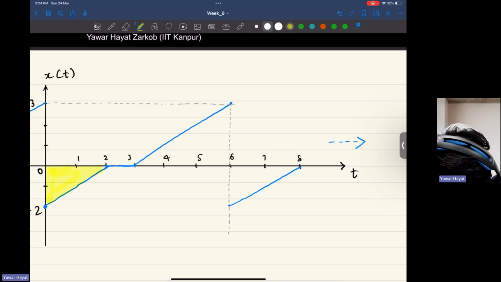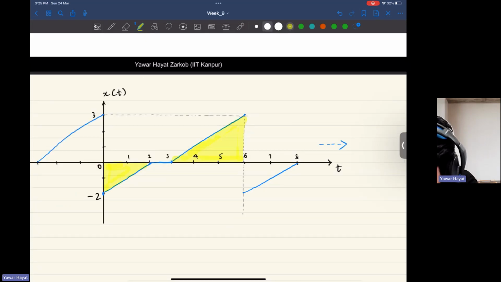Plus this area. We need to compute the area of x of t under one period, and I'm choosing the time interval to be t equal to 0 to t equal to 6, right?